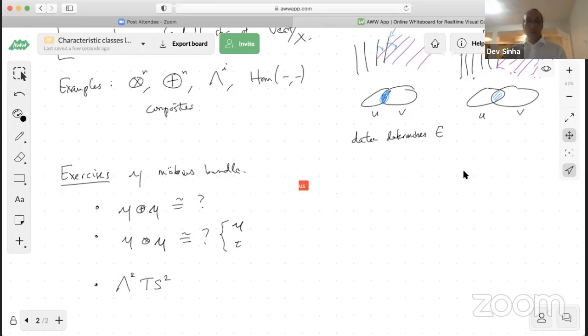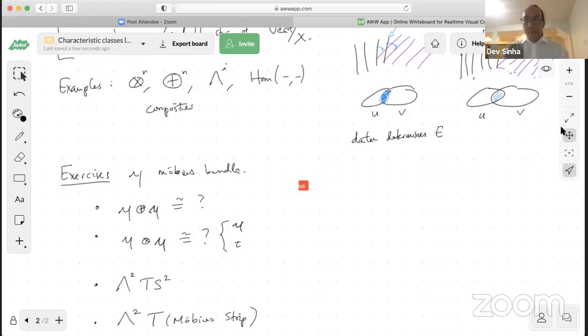So this is some line bundle on the 2-sphere. It's similar: take the exterior square on the tangent bundle of the Mobius strip. The Mobius strip is a surface with boundary, a single circle boundary. It has a tangent bundle, and let's play the same game there.